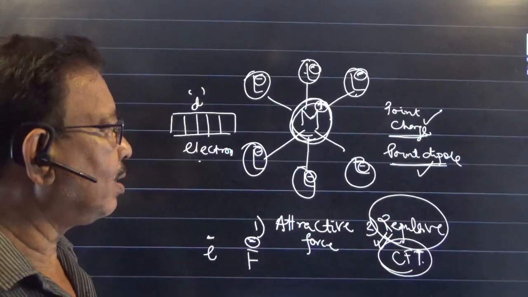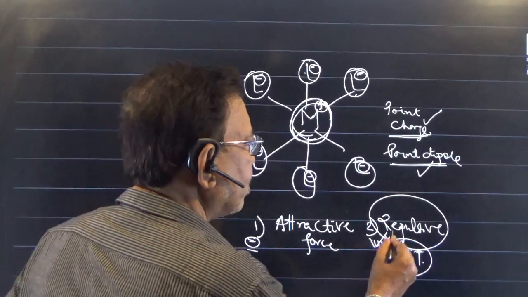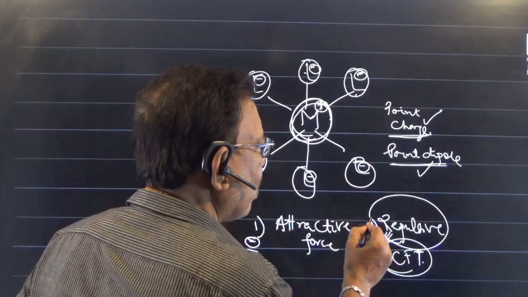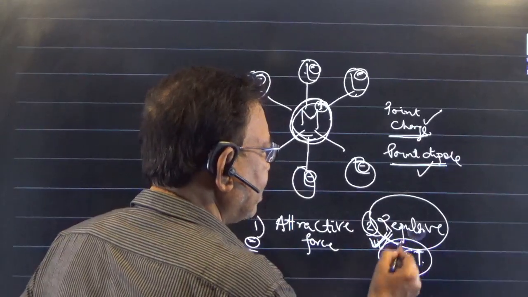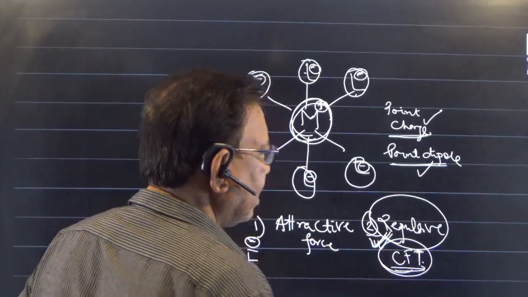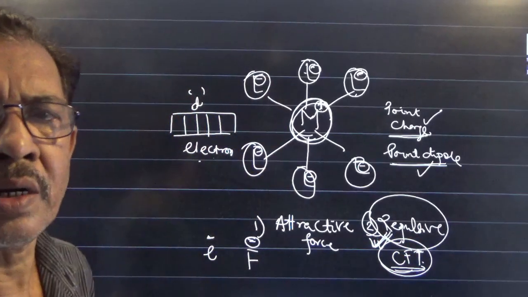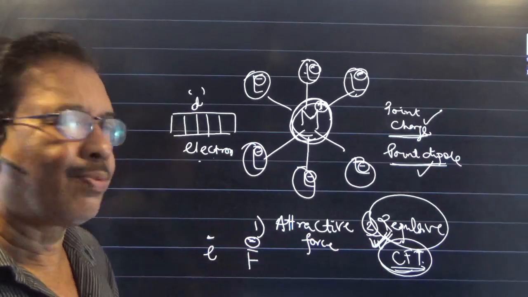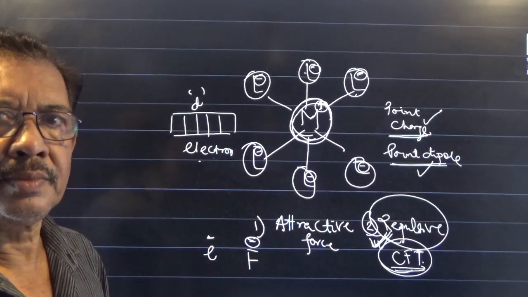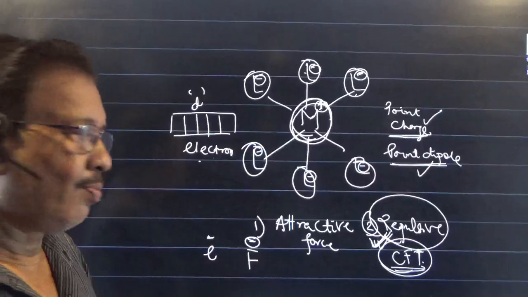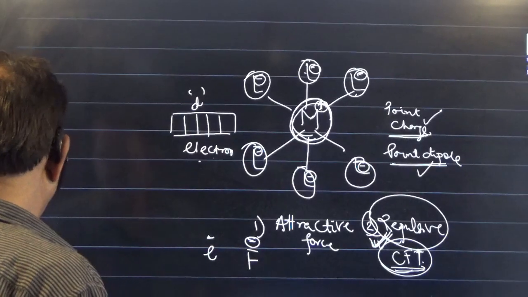Yes, sir. That gives a repulsive force, and we are focusing only on the repulsive force, which is known as crystal field theory. We do not focus on the attractive force. Clear?